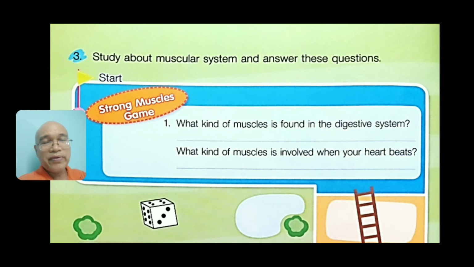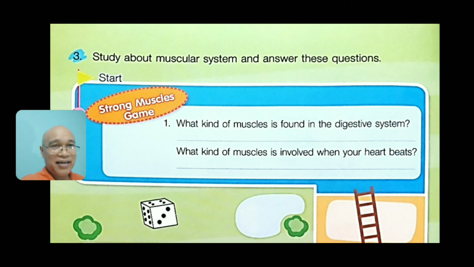All right, number 3, study about the muscular system and answer these questions. Number 1, what kind of muscles is found in the digestive system? All right, there are 3 kinds of muscle, right? You can review with this video by clicking backward, forward. What kind of muscles is involved when your heart beats?